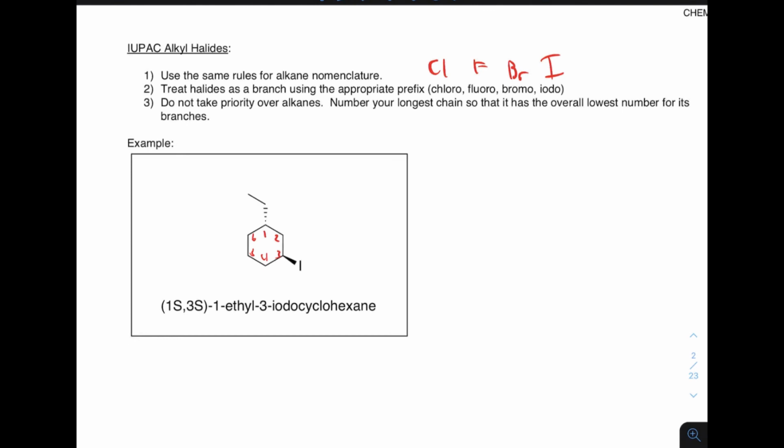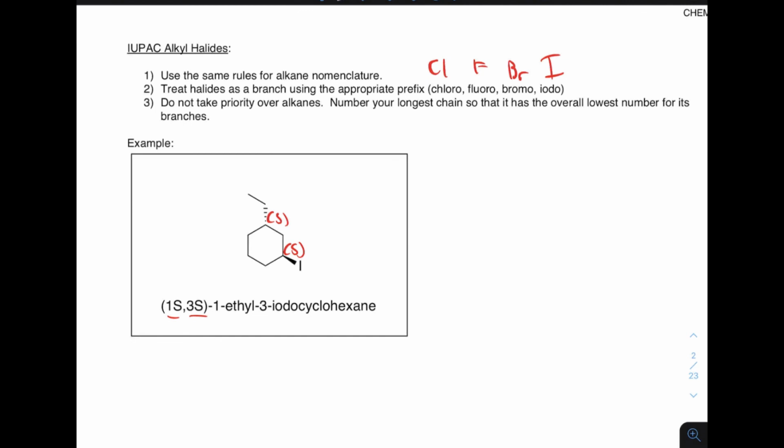I will leave the R and S configuration determination up to you, but again, because we have chiral centers here, we have to denote them as such. So for 1 ethyl, that carbon has to be S, and for 3 iodo, we know that this chiral center has to be S as well.